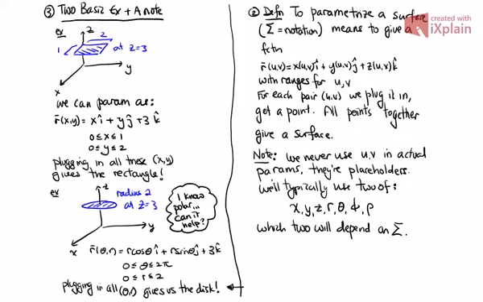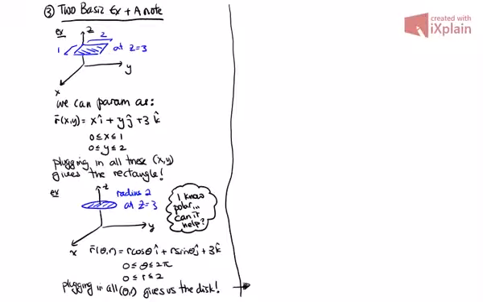So take a look at these. They're both pieces of a horizontal plane. They're both pieces of the plane z equals 3. One is rectangular, and we're using x and y. One is disk-like, and we're using r and theta. So I just wanted to point that out so I can make the following really concrete point. The observation I want to make with regards to these two examples is both are pieces of z equals 3.